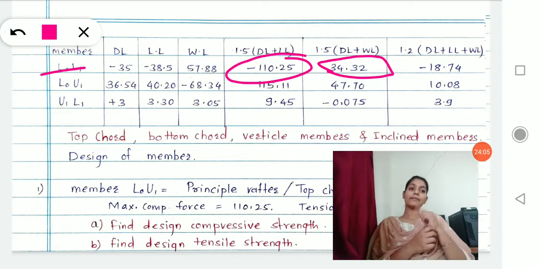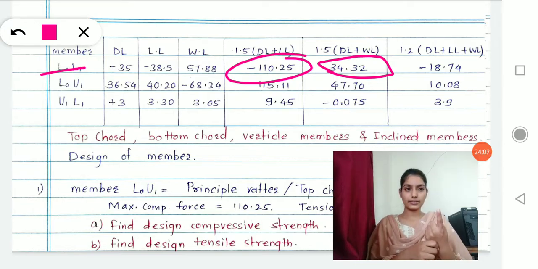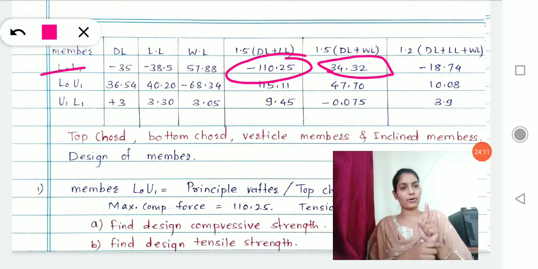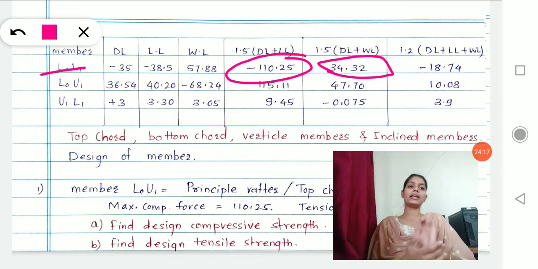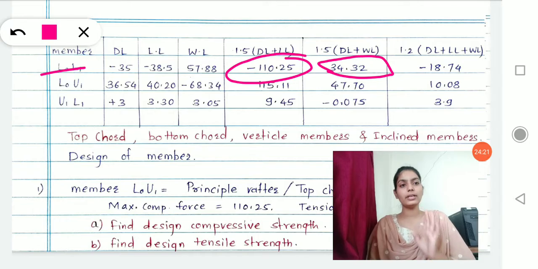So I will design my section for the highest magnitude, and I will check my section for the secondary forces. If the conditions are satisfied, I will select that section for designing. That is the way I am following my design.